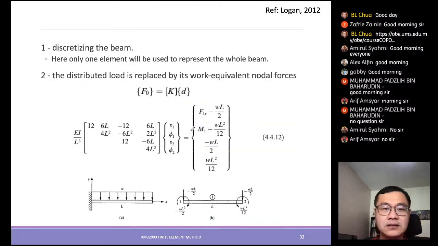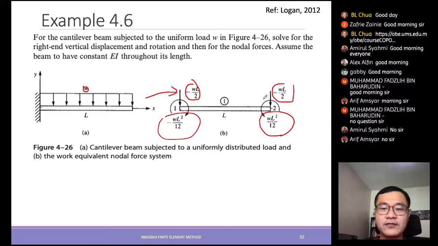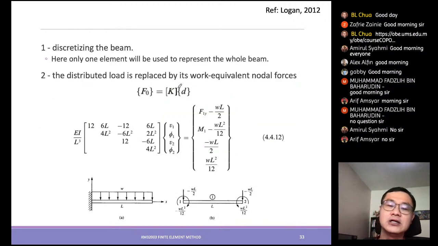Then on the solution itself, once you have broken it down, it is similar to what you should do for a beam element. What you need to do is discretize the beam itself.